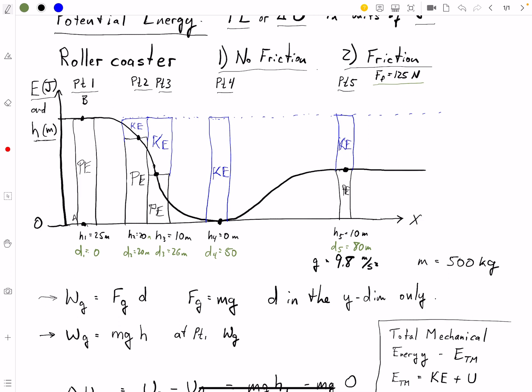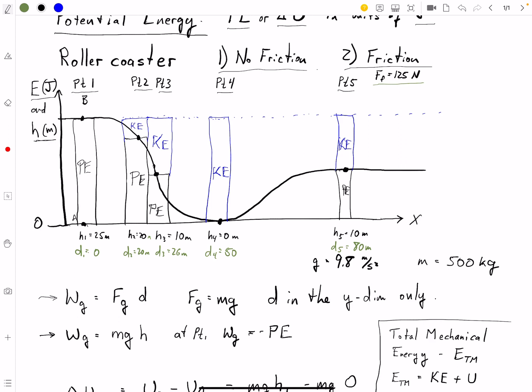So once the cart gets down to point 4 and it's down to the 0 meters, well, then gravity has done some work, okay? So at point 4, we can say that the work of gravity is a positive work. However, at point 1, which is where we're at, it has done negative work. So that equals negative of the potential energy.